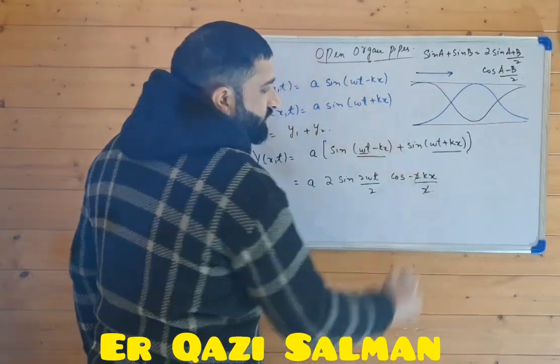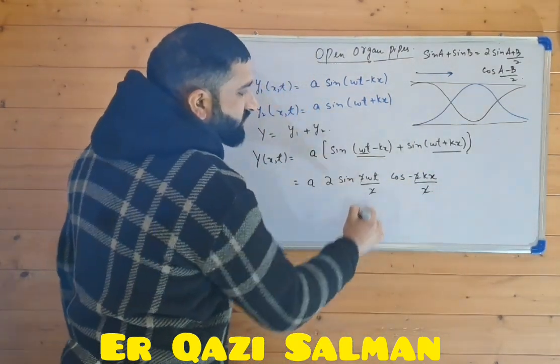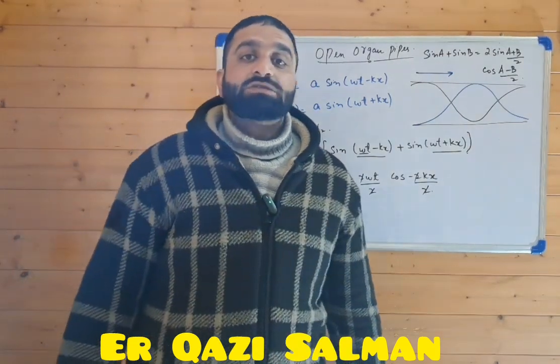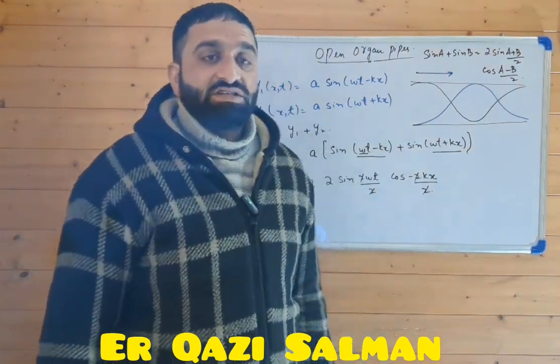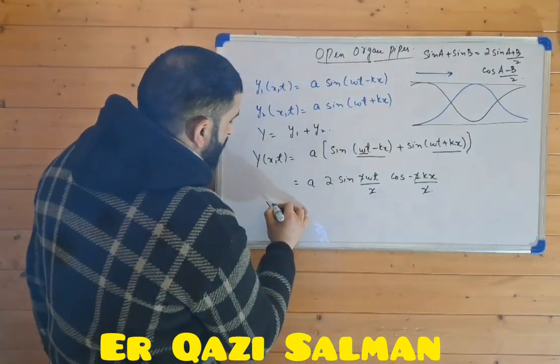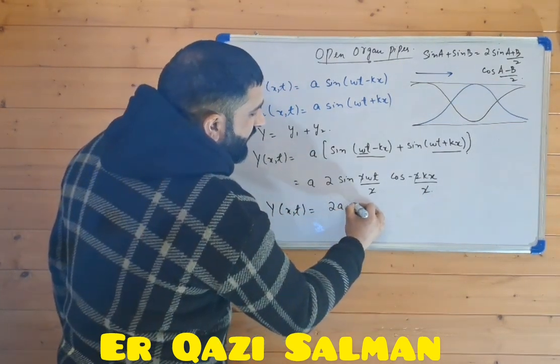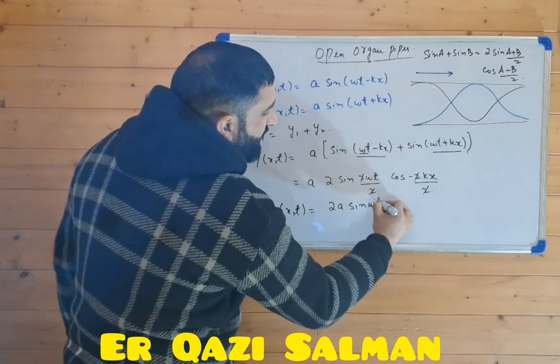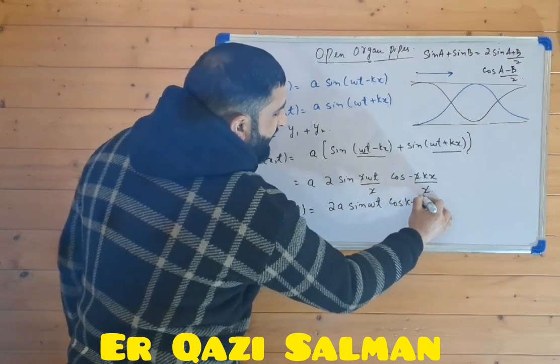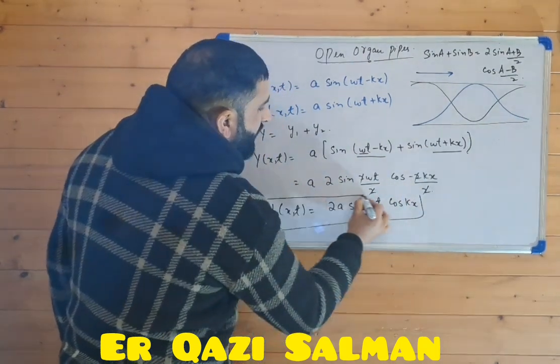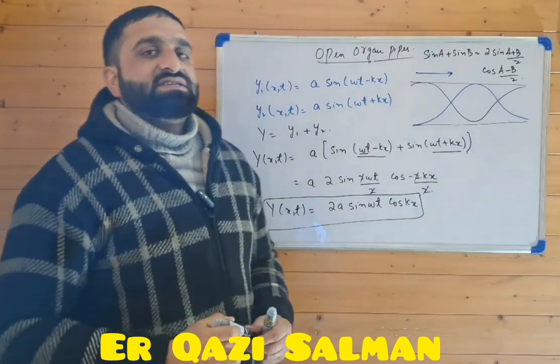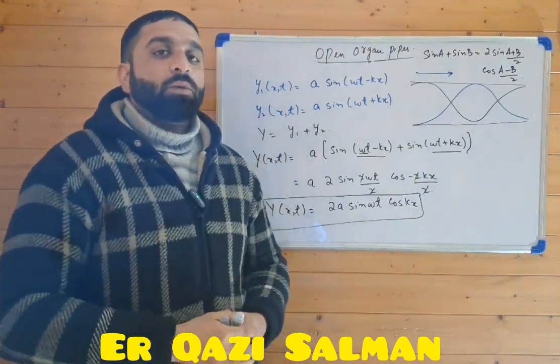So 2 and 2 cancel. We also know that cos of minus theta is equal to cos theta. So here y(x,t) is equal to 2a sine of omega t cos of kx. This is the formula for the stationary or standing waves in open organ pipes.